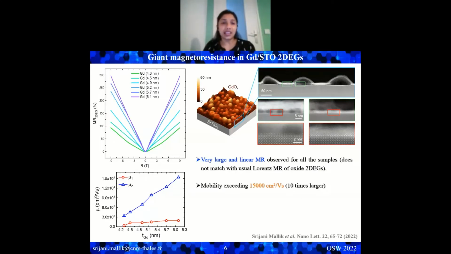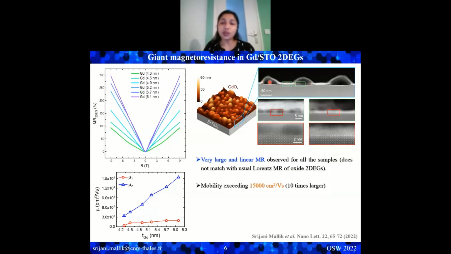Although we deposit only 5 to 6 nanometers of gadolinium, the radius of these bubbles became more than 30 nanometers. From the yield analysis from TEM, we actually saw that inside these strange bubbles, it is completely hollow. So here we have the gadolinium oxide, but this part is nothing.